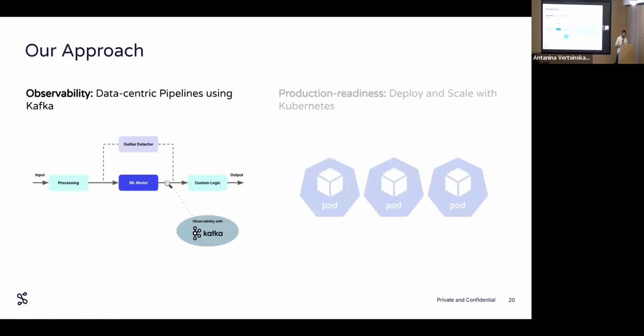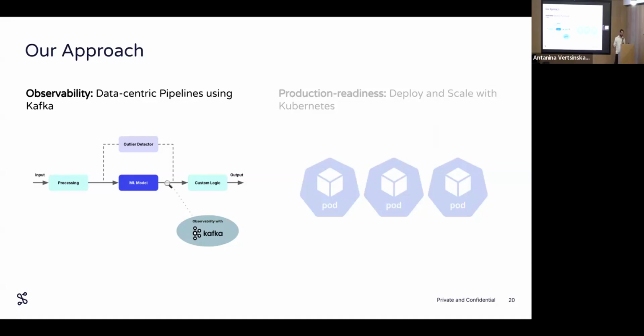So here's a summary of our approach and how we think about solving some of those challenges. First, one of our main products for deployment and scaling and production is Seldon Core 2.